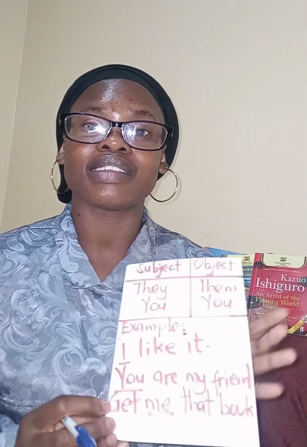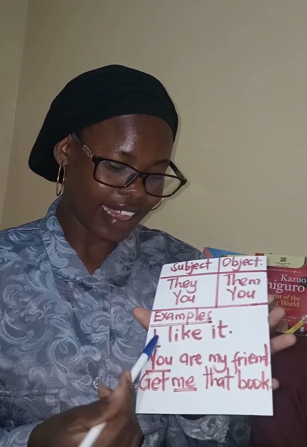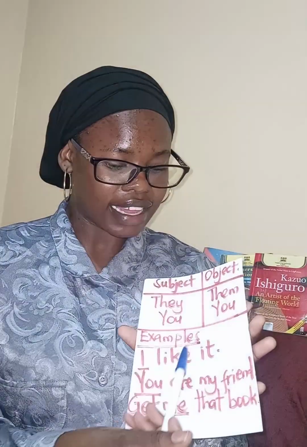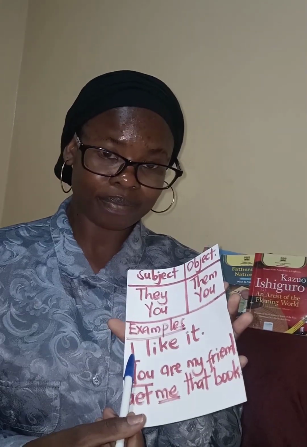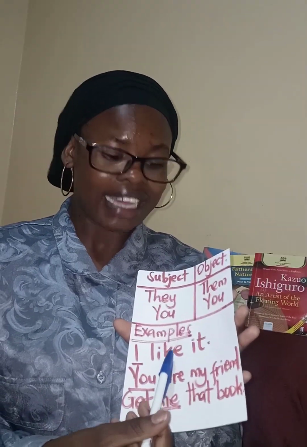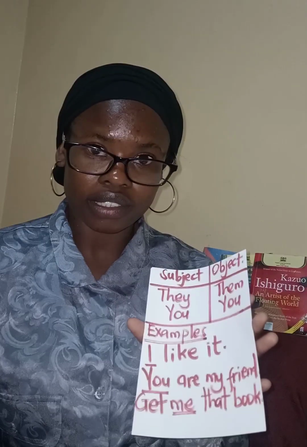I have an example in a sentence. I like it. In this case, I is the subject, like is our verb, and it is the object.